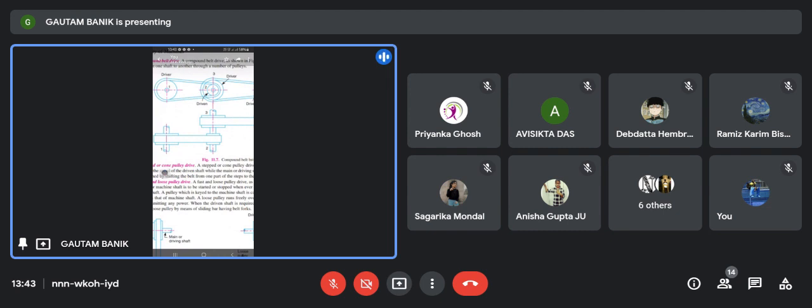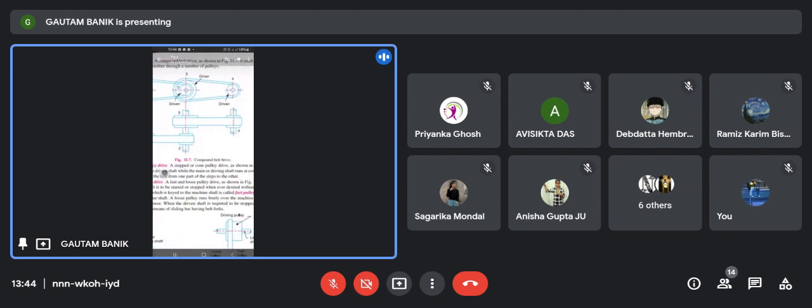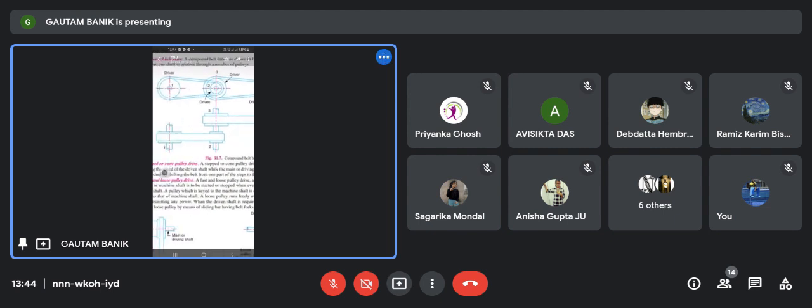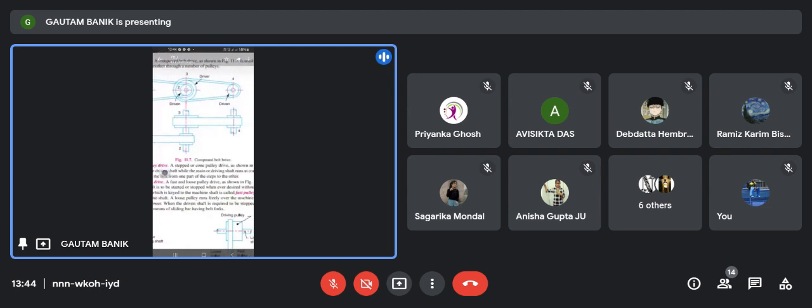Two pulleys are mounted on the same shaft in the middle, and if you call this the driver, this is also driven. There are one, two, three, four. Pulleys two and three are mounted on the same shaft, and the rest, one and four, are on single shafts.